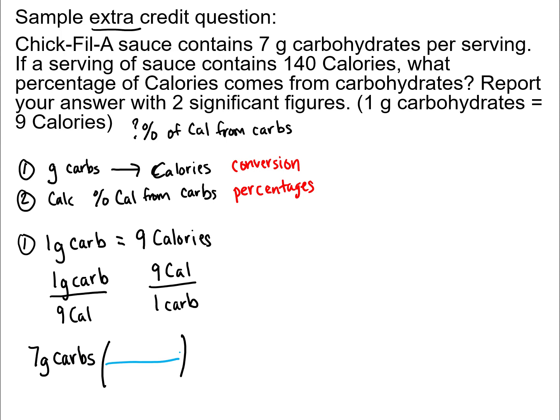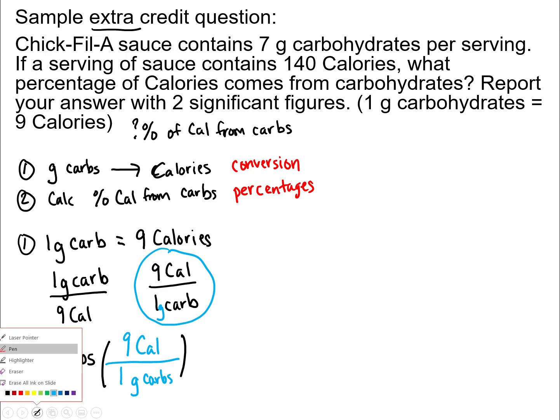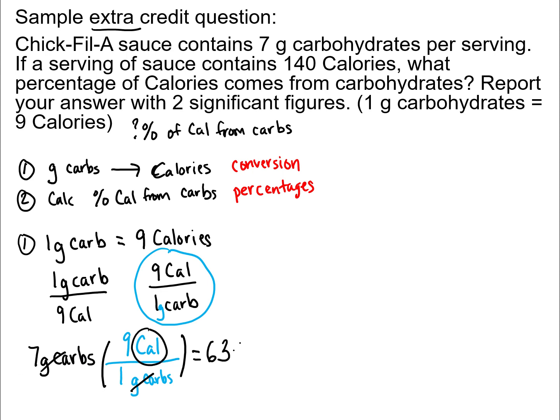Since we're trying to get rid of grams of carbs, we need to have it in the bottom. Now we have calories, and we can move on to the next part. So does that make sense? It's using calories and grams, but it's still just a conversion. So is everybody with me?